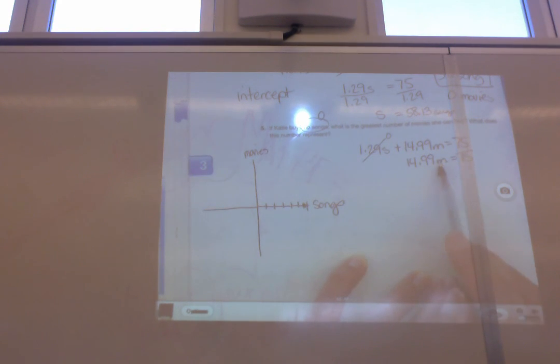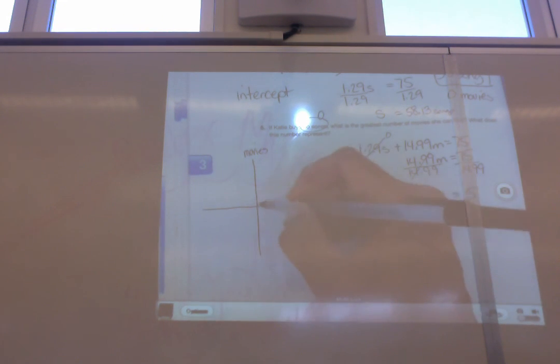If I want to solve for m, what's the math I need to do? Divide. That'll get m by itself. Who's done the divide? This one. 5 exactly? Oh, nice. 5.